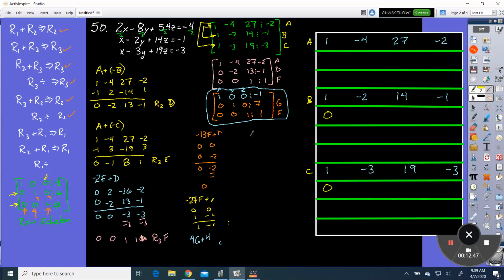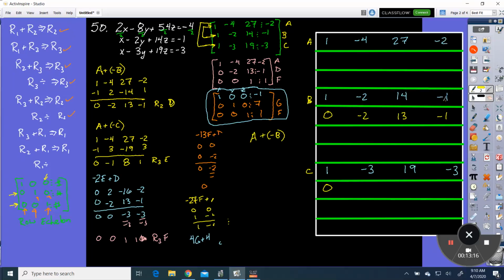So what I'm going to do is I'm going to go A plus a -B. Okay, so 1 plus a -1 is 0. -4 plus a -2. So really what I'm doing is multiplying all these by negative, then adding it. That makes a -2. Change the sign on this. 27 minus 14 is 13. -2 plus 1 is -1.